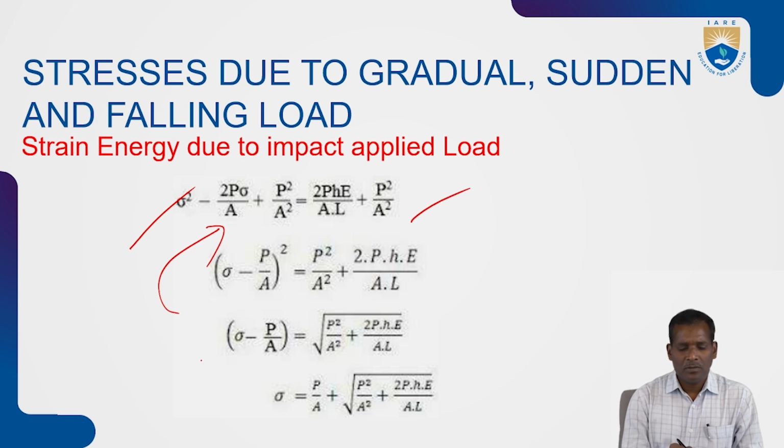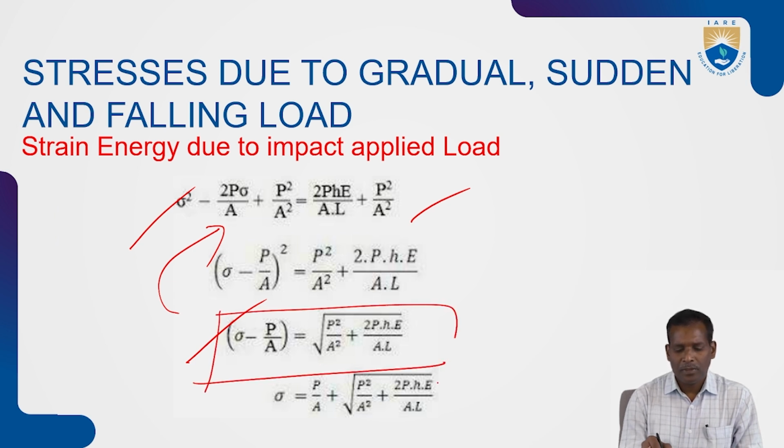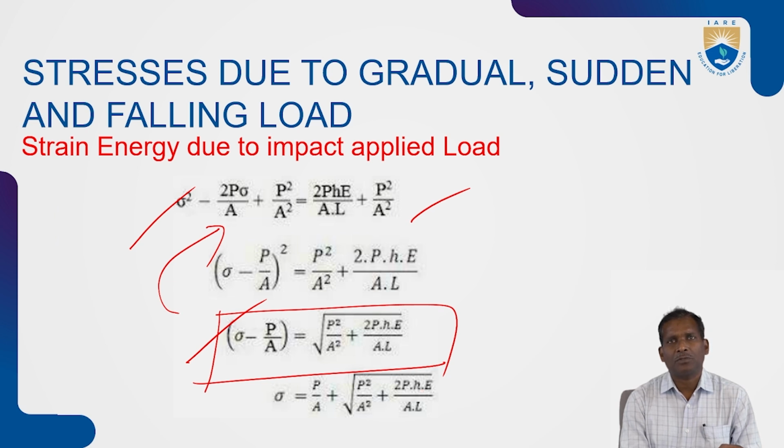So now take the value sigma minus P by A is equal to square root of P square plus B square by A square plus 2PHE by AL.